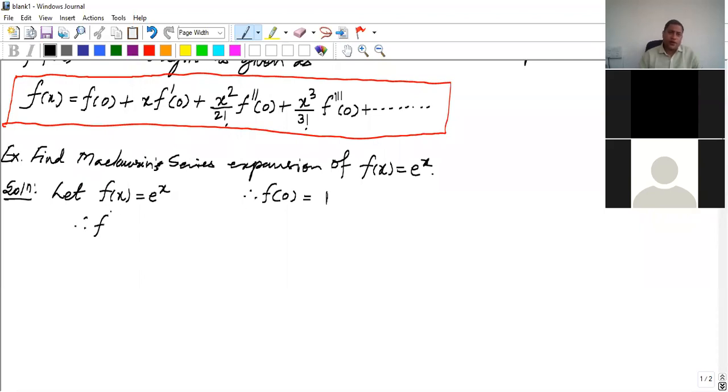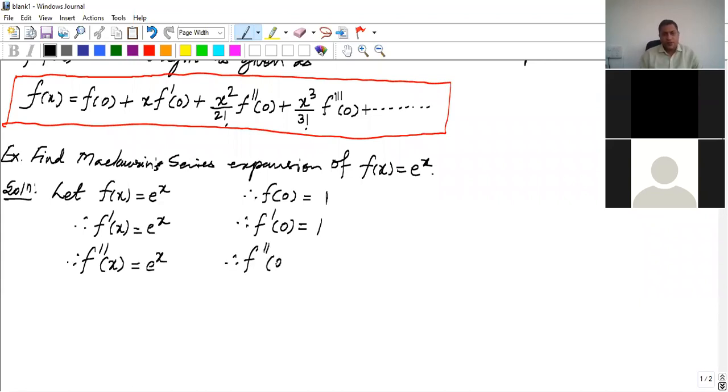Then we go for the next term, the derivative. So f dash of x. This being an exponential function, we'll get e raised to x. Hence we have to find the value of this derivative at x is equal to 0 again. That is again 1. The next derivative of this function is again e raised to x, and the value of this double derivative at 0 is going to be 1.